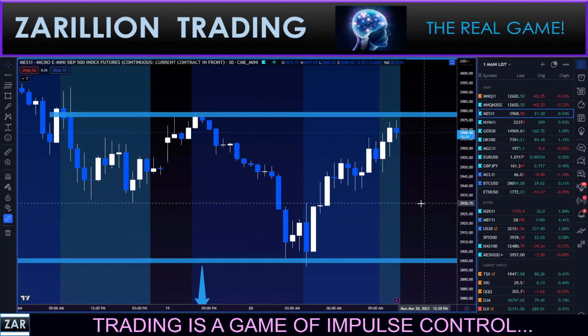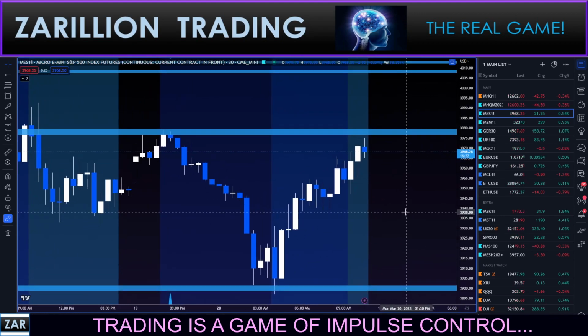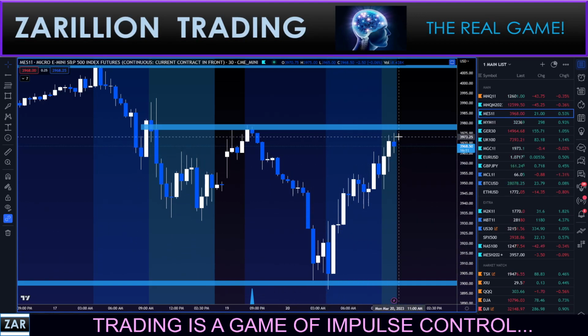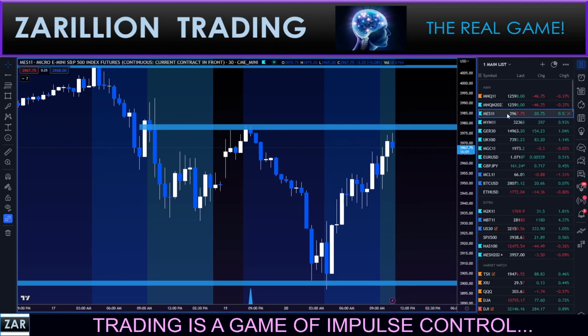Interesting on the S&P, again, 30-minute chart. With prices rallying all the way up here through London. This is the open of London right here. This is all Asia, and rallying all the way up and continuing to rally through the New York Open. And we're up 20 points on the S&P, or 50 basis points, half of 1%. And we're about to tap into this resistance area here from early Asia.